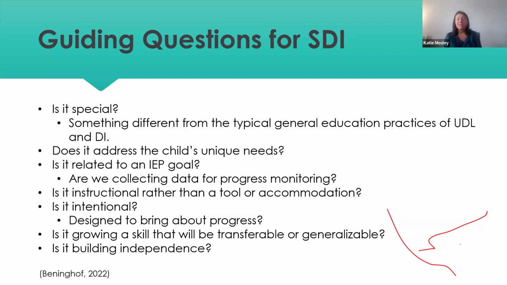And then is it a growing skill that can be transferable? So when we think about this, it's like, what can we do that's really going to impact this child's life? What are we going to do that's going to be a game changer for them? And ultimately, we want to build that independence. And if we're not building that independence, we might need to re-examine it as well.